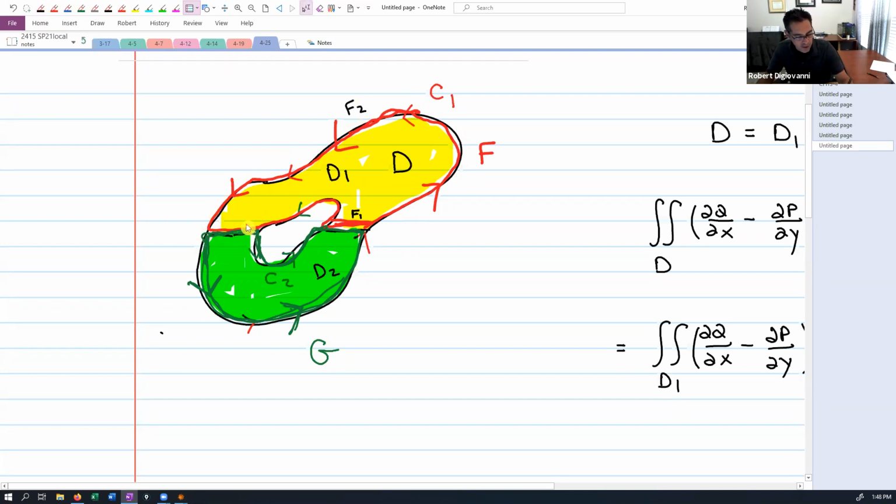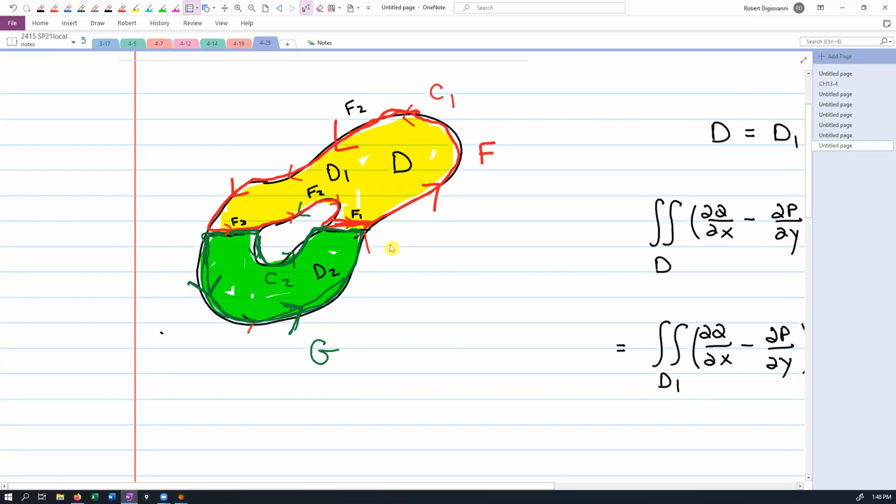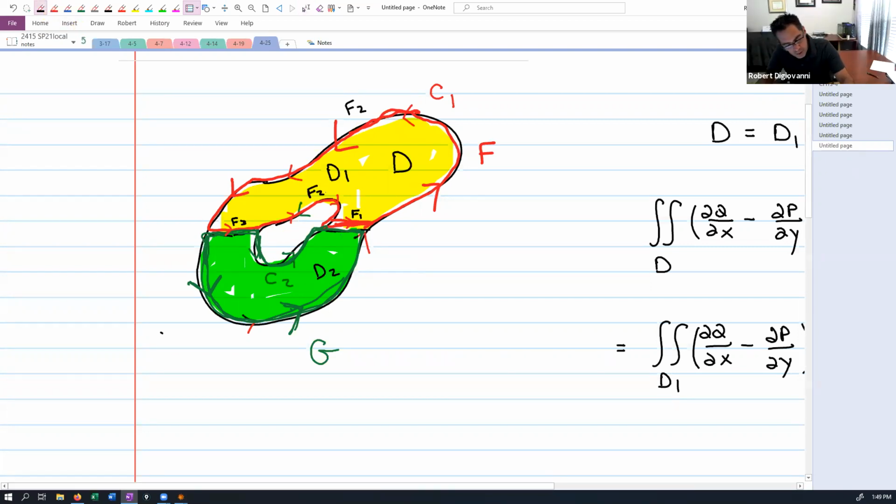And then F3 is going to be this little piece. And F4 is going to be that little loop right there. And remember that the direction of all of these is like this, the red arrows. You just wrote F2 twice. I did. Yes, you're right. Thank you. That's F4.